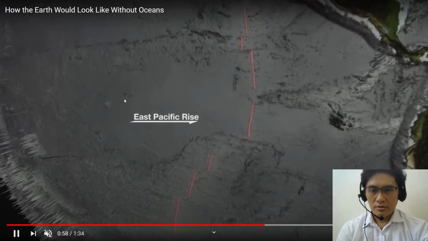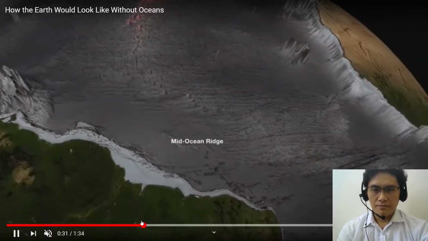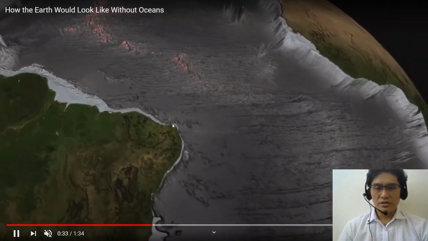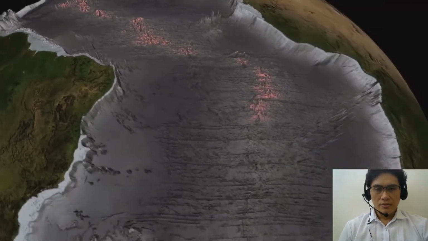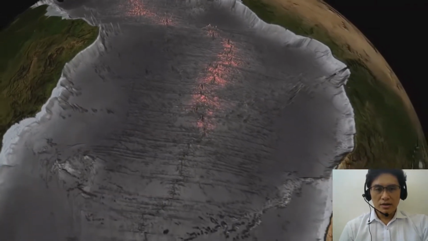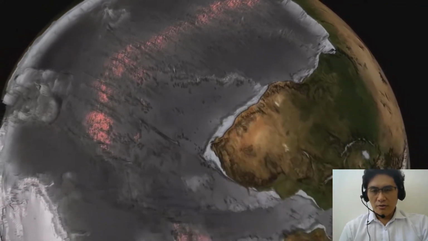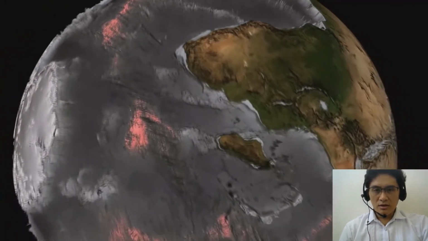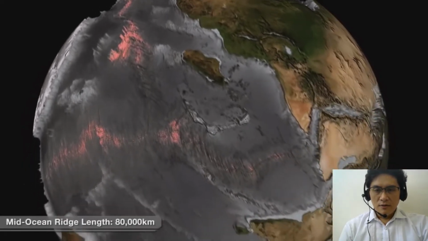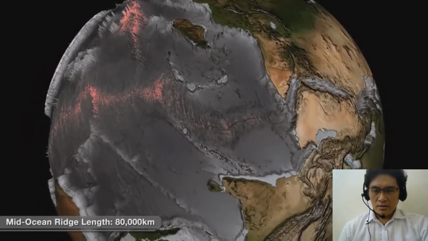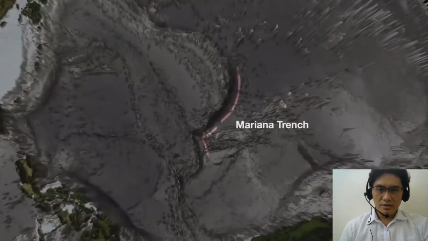I'm sorry. So this is the mid-ocean ridge or oceanic ridge in the middle of the Atlantic, I believe. It runs all throughout the Atlantic Ocean, and its length is about 80,000 kilometers.